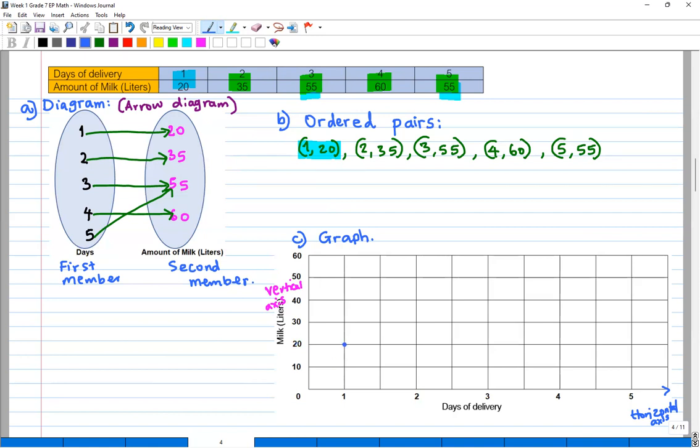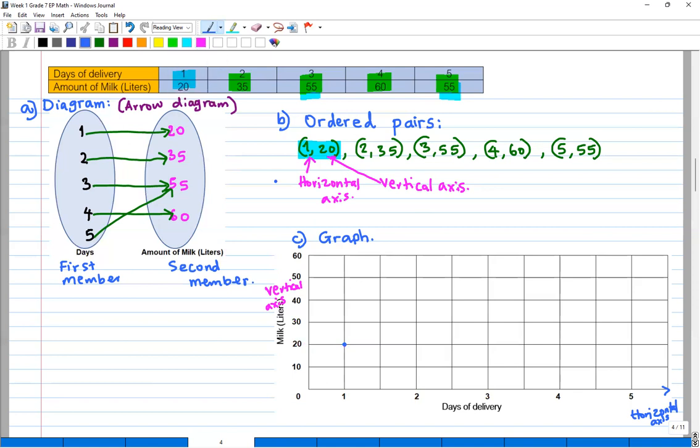Okay, so when you are drawing the graph, when you are putting the ordered pairs on the graph, the first member, this one, you look for it on the horizontal axis. And the second member, you look for it from the vertical axis. So that's why you see I said 1 from the horizontal axis, and then 20 on the vertical axis, then I get the meeting point.